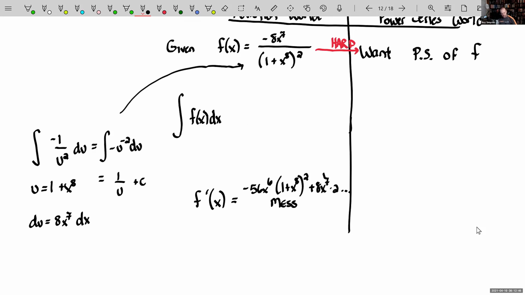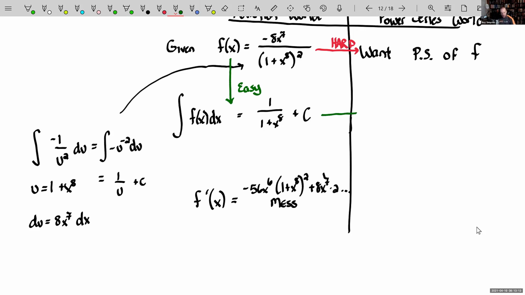Or in other words, 1 over 1 plus x to the 8th plus c. Now, all we did when we went from f to this was an easy integral. I'm not going to say it's super easy, but it wasn't too terrible.